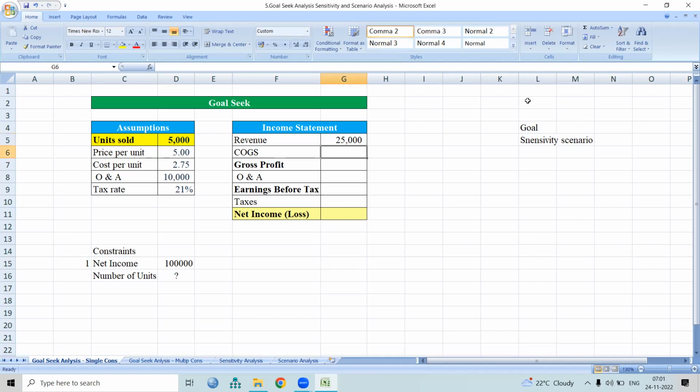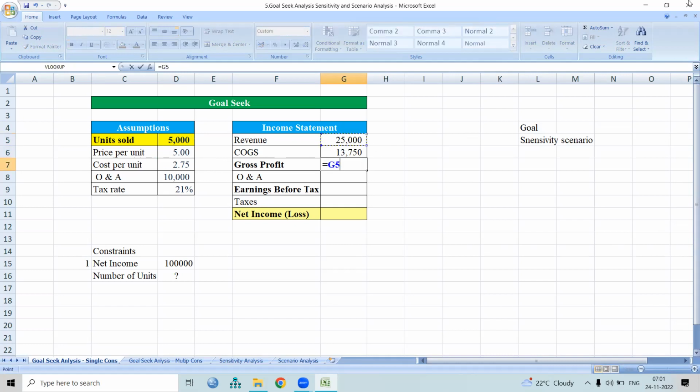Then how do you find out cost of goods sold? Cost of goods sold is equal to number of units sold, D5, multiplied by cost per unit, D7. D5 multiplied by D7. We get 13,750. Let's find out the gross profit.